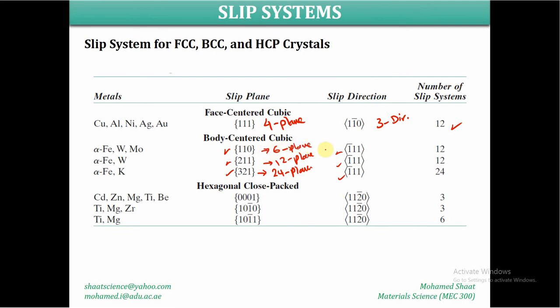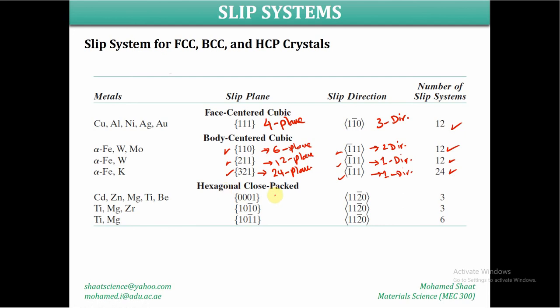But within these 6 planes, there are 2 directions. So that's why we're going to end up with 12 as the number of slip systems. Here we have only 1 direction, and here we have only 1 direction. The same thing. So you're going to end up with 12 and 24 for these different types of materials that have a BCC crystal structure.